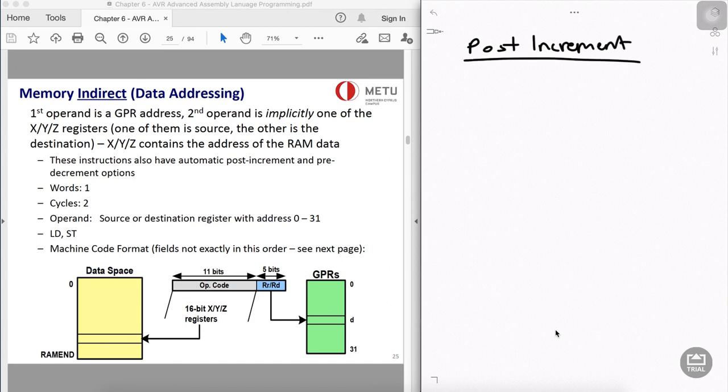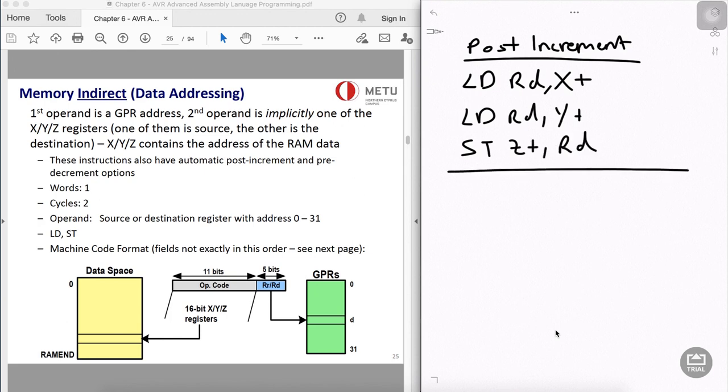For post increment, let's say we want to load Rd, and like we were doing it, rather than saying X, we say X plus, or load Rd, Y plus, or store Z plus, Rd. So these are all the valid statements that we can use, and the X, Y can be changed based on the usage.